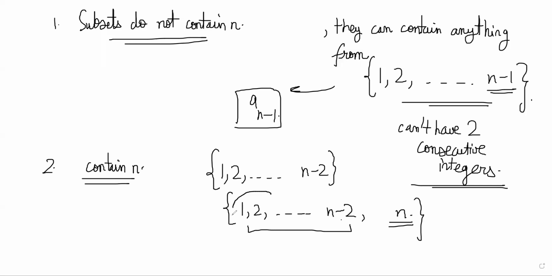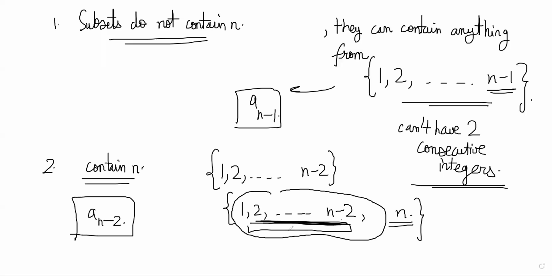You have to think about how many ways there are to choose non-consecutive integer subsets using just these numbers. That will be A(n-2), the same problem as the original but with n minus 2 integers rather than n integers. It boils down to a lower order problem with n minus 2 elements.